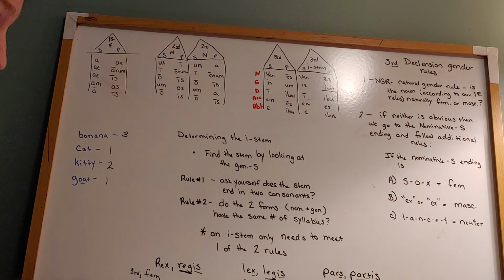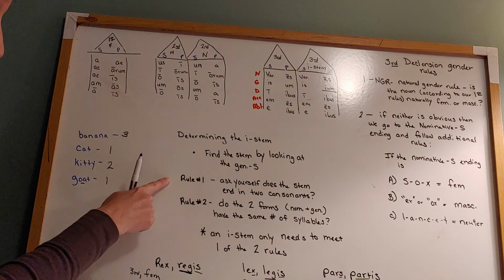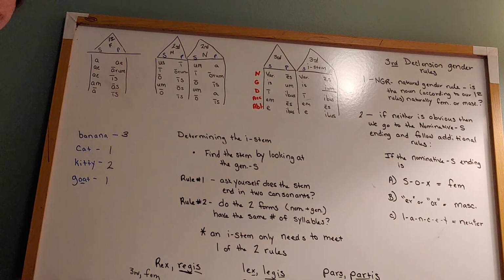We look at genitive singular to determine the correct declension. And to determine if it has an I stem, we look at the consonant and syllable rules. Here's our consonant rule, here's our syllable rule. And the I stem only changes the genitive plural of a word.